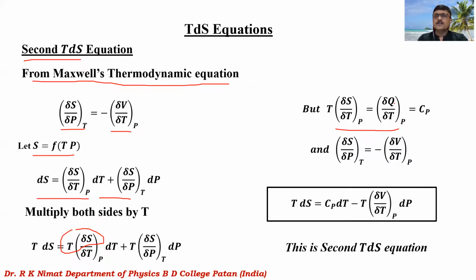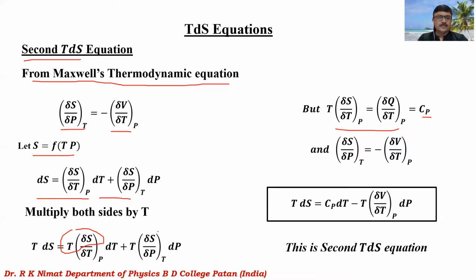Again, this is nothing but the molar specific heat at constant pressure, because delta Q by delta T at constant P gives you the amount of heat absorbed to raise the temperature of 1 mole of gas by unit temperature at constant pressure, and this is nothing but the molar specific heat at constant pressure.